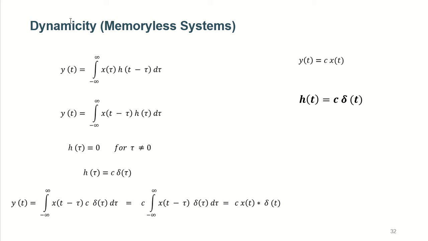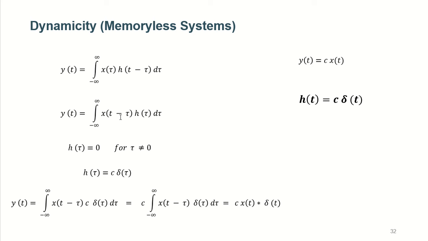So in this second equation, let's try to figure out whether it is dependent or not. We can clearly see the output of my system y of t is dependent on x of t, right?